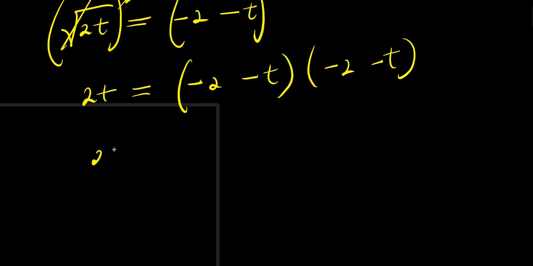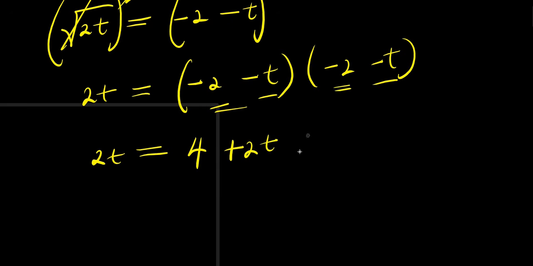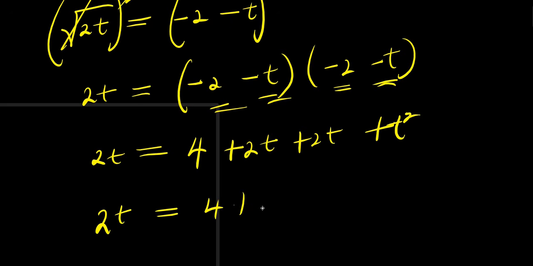So we have 2t equals, this is 4, this time this is plus 2t, this time this is plus 2t, this time this is plus t squared. So this is 2t equals 4 plus 4t plus t squared.